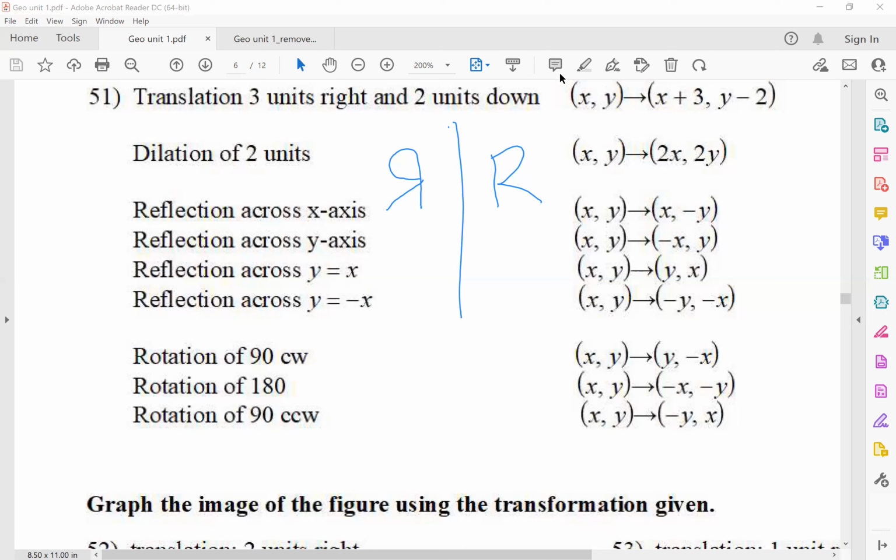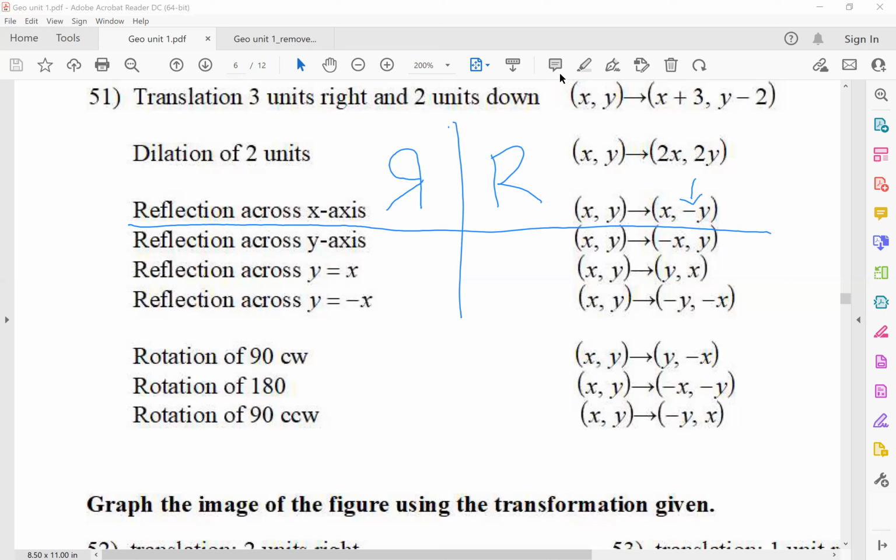Now here on these notes, this is what I gave you guys, the cheat sheet. We can write little notes for the special cases. If it reflects across the x-axis, my values of x and y, all I'm going to do is change the sign on the y. You guys see how my y here looks like negative y.